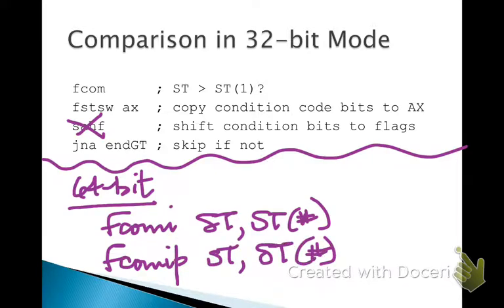Okay, both of these will automatically transfer those values into EFLAGS, bits 6 and 0, zero flag and carry flag. Alright guys, that's it for the floating point instructions we're going to cover this semester.